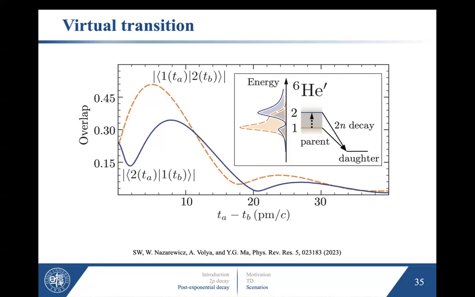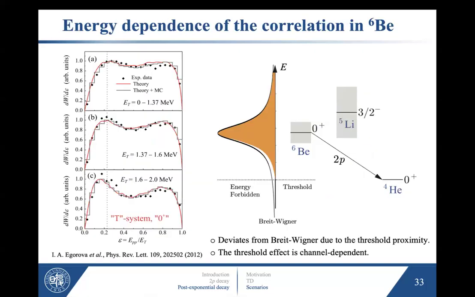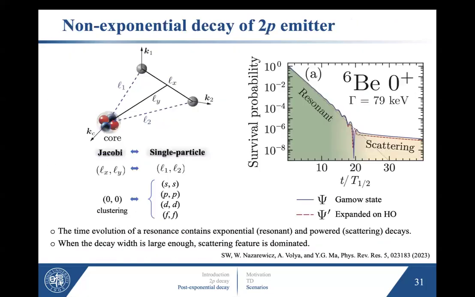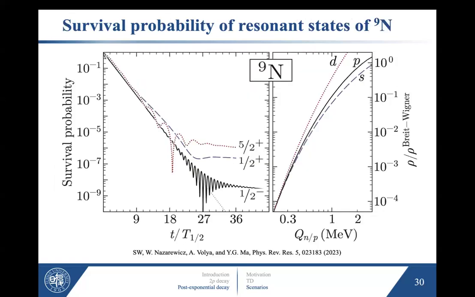You can measure the energy of the final state. Yes, I totally agree. Can you go back two slides? Yes, this slide. As I see, where it gets to the scattering state, there are a lot of dips in the probability.